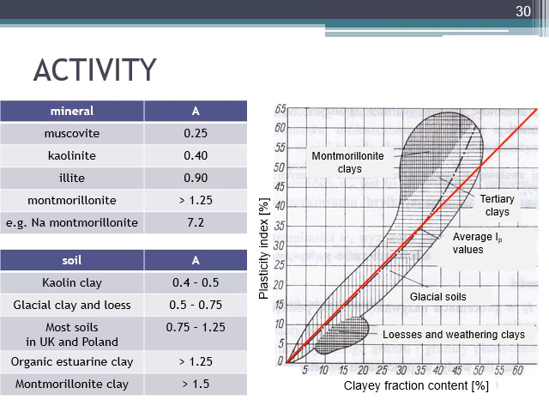If this is a sodium montmorillonite, the activity can be really huge, of around 7 even. Still, most soils in UK or Poland or Europe generally will have the activity from around 0.75 to 1.25.